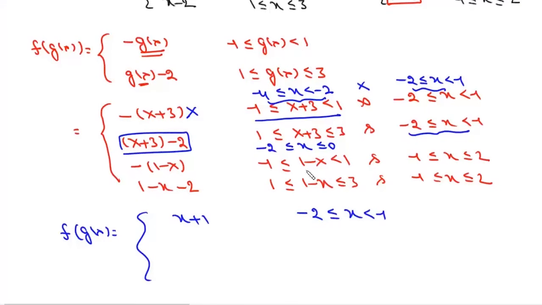Now we'll solve this. If we subtract 1, it will be -2 less than or equal to minus x less than 0, and if we take this minus sign, then it is between 0 and 2, and here it is between -1 and 2. So the common interval between these two is x lies between 0 and 2.